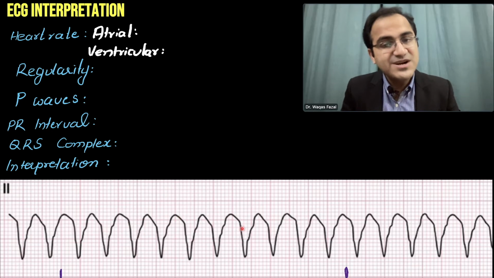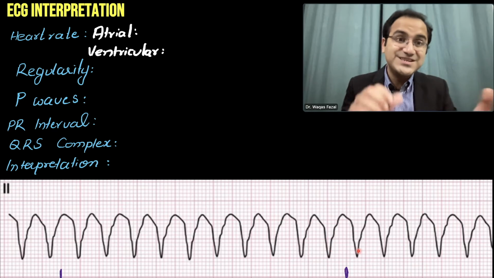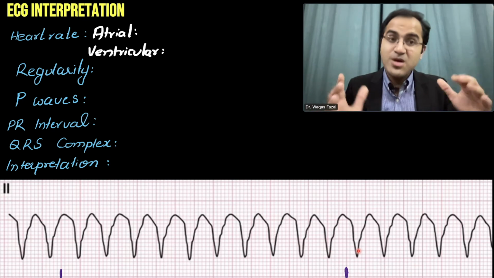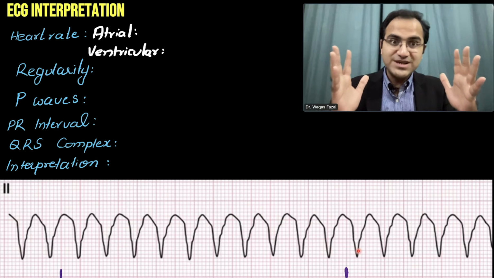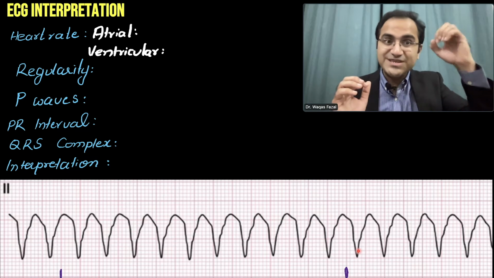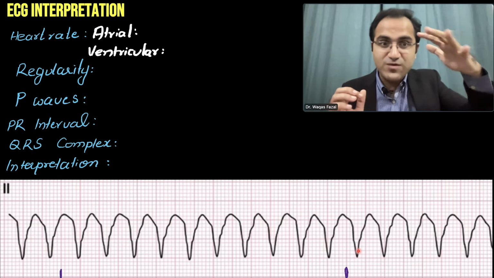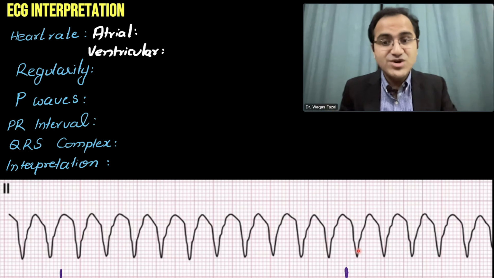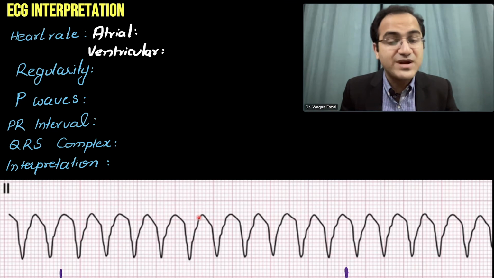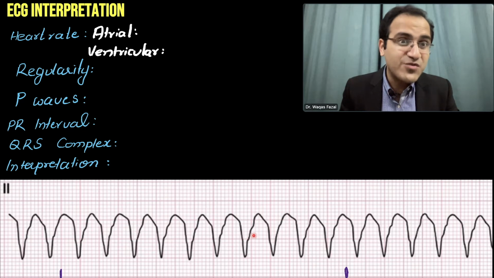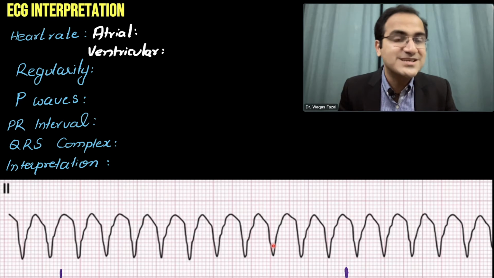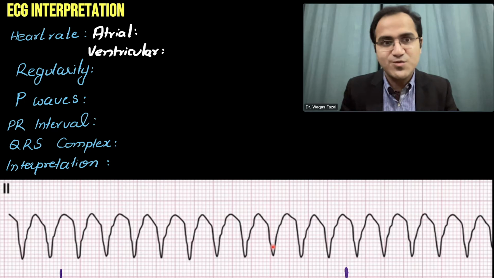All waves are similar to each other. It means that there is one focus present in the ventricles that is dominant over the others. There are many other foci producing electrical currents, but one focus is the alpha male. Therefore, it is producing a monomorphic ventricular tachycardia. A monomorphic ventricular tachycardia indicates that one focus is dominant over the other ones.